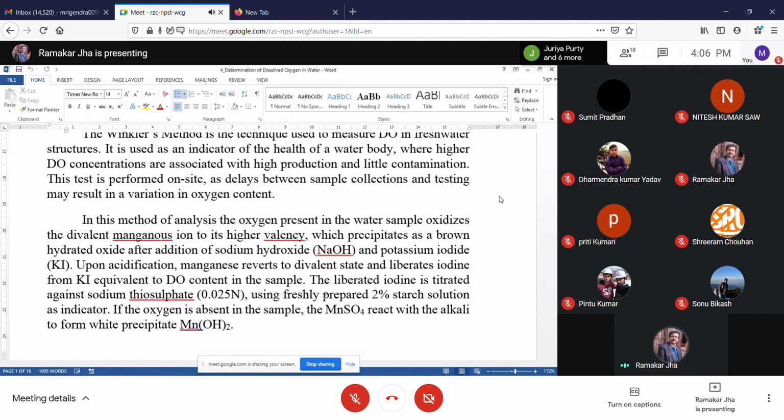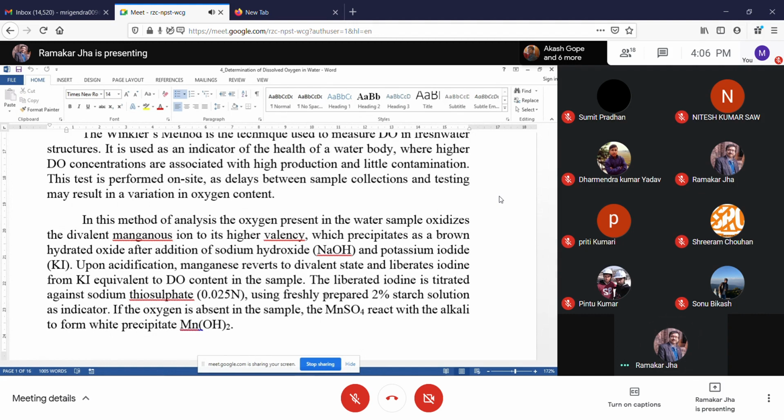Of course, we also add potassium iodide. So again we need three chemicals. Upon acidification, manganese reverts to the divalent state and liberates iodine from KI equivalent to the DO content in the sample.